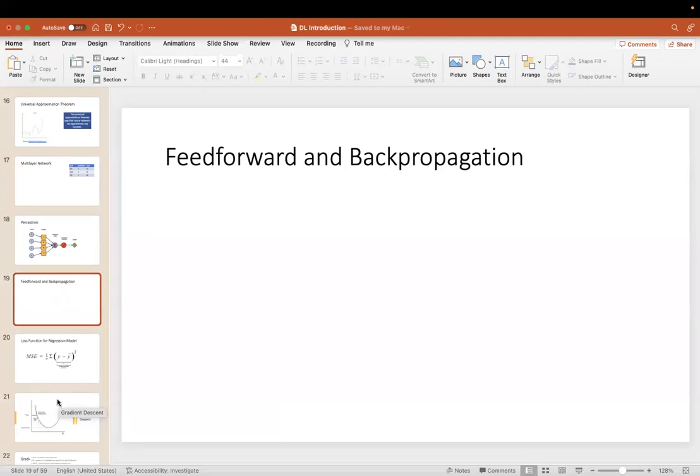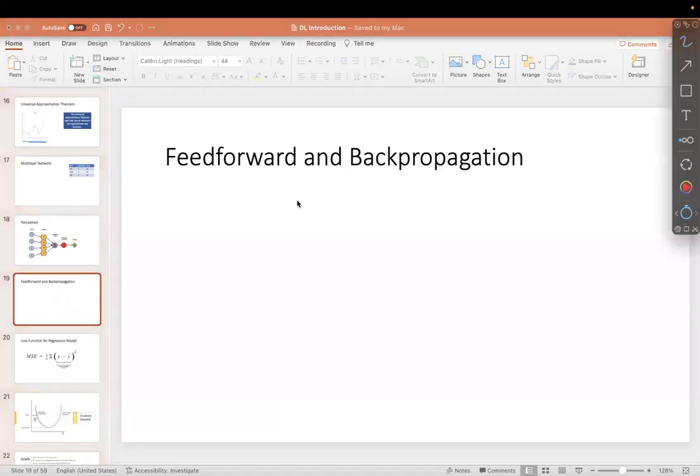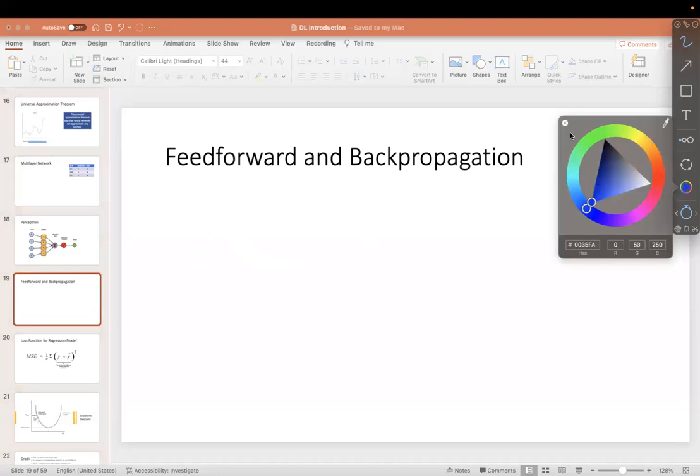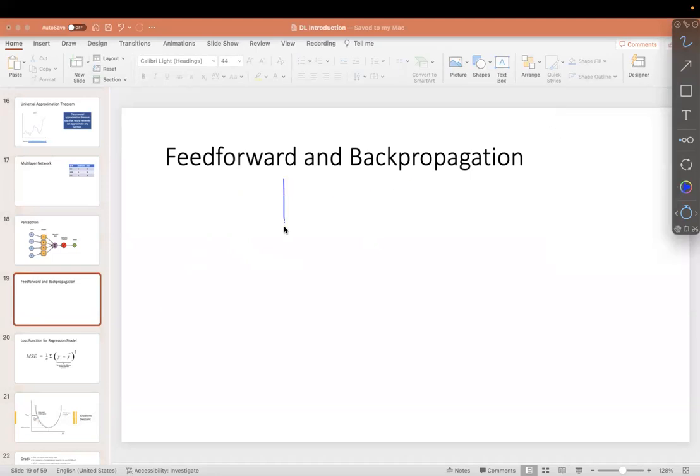Now, let's take your MSE function. This was a simple example for explaining. If you look at the MSE function, I'll take the example of a single weight only, W11.